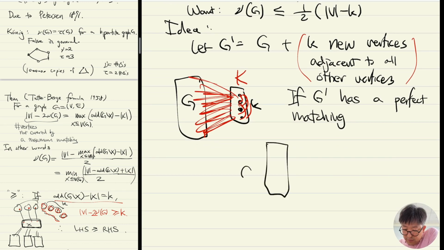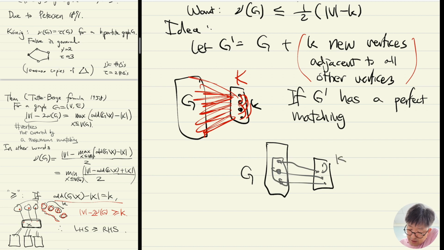Well, these k new vertices could potentially be paired with each other, or they could be paired with the vertices in G. But the number of vertices that could be paired with the vertices in G will be at most k, because this set has size k. So the remaining people will be paired with each other.